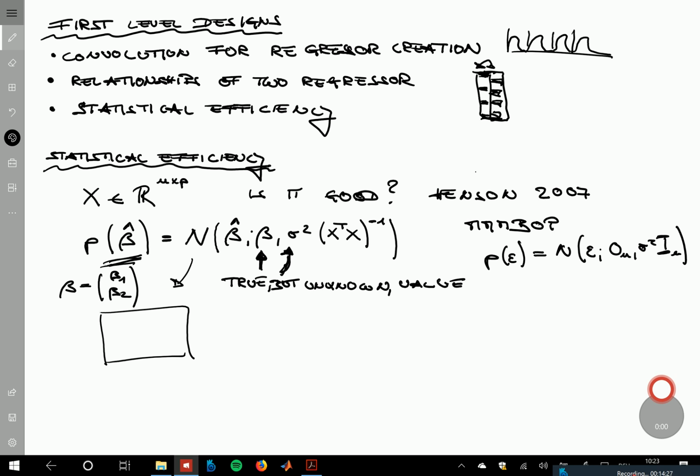Depending on how this X transpose X inverse looks, you will find either more correlation between the beta parameters or less correlation, and then also depending on X transpose X and definitely the sigma square, you might have very little variability or high variability. Of course, you can also look at that for only one regressor.